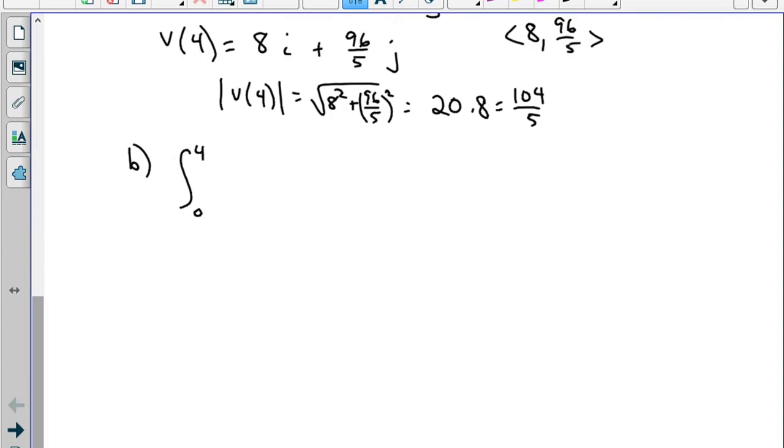So that's the integral from 0 to 4 of the square root of dx dt squared plus dy dt squared dt. So dx dt was 2t, dy dt was 6/5 t squared.